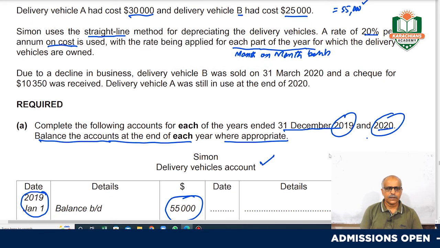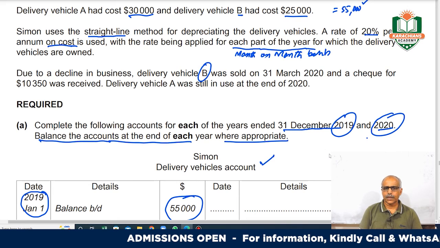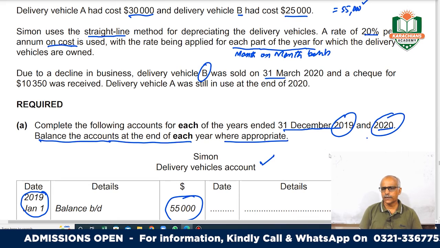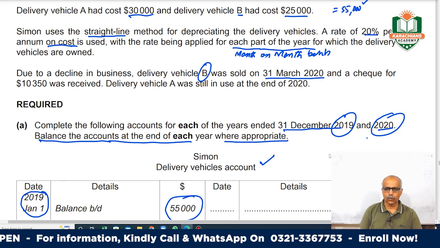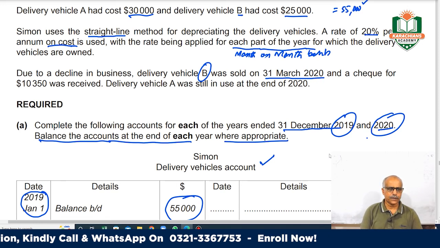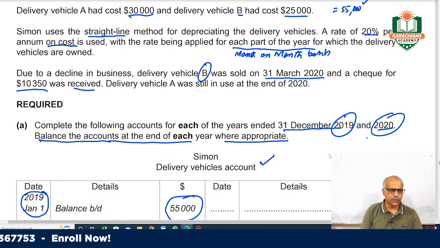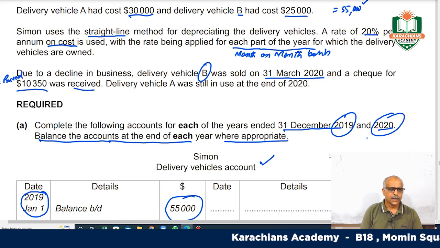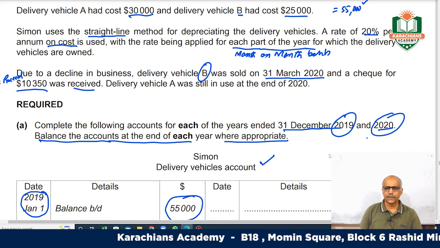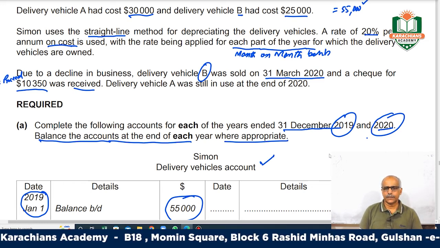Move on. Due to a decline in business, delivery vehicle B was sold on 31st March 2020, and a cheque of 10,350 was received. So this is your sale proceeds.